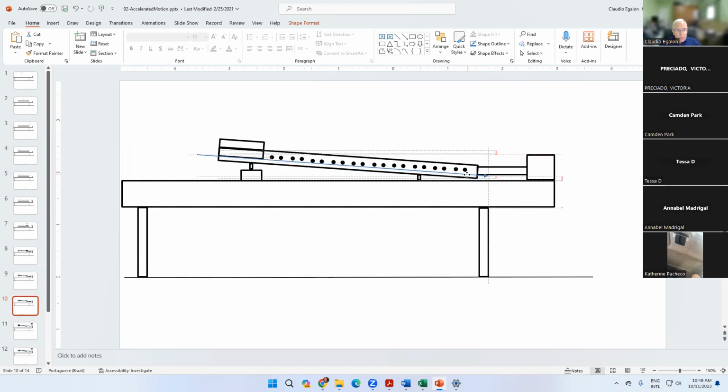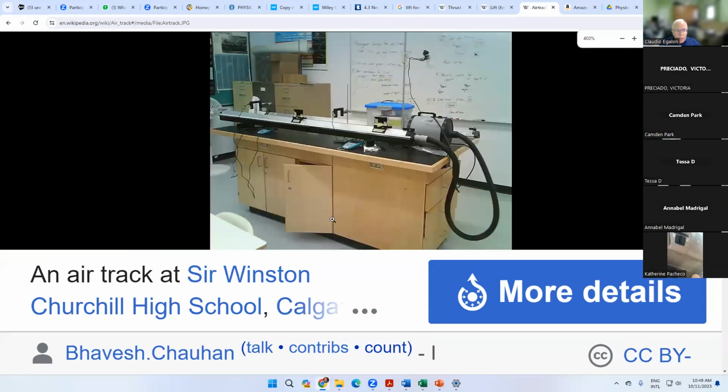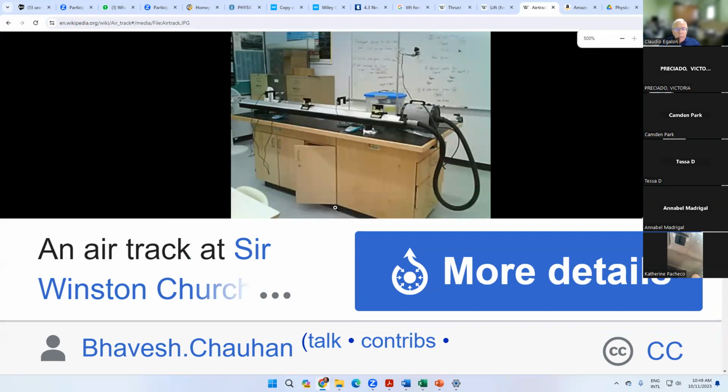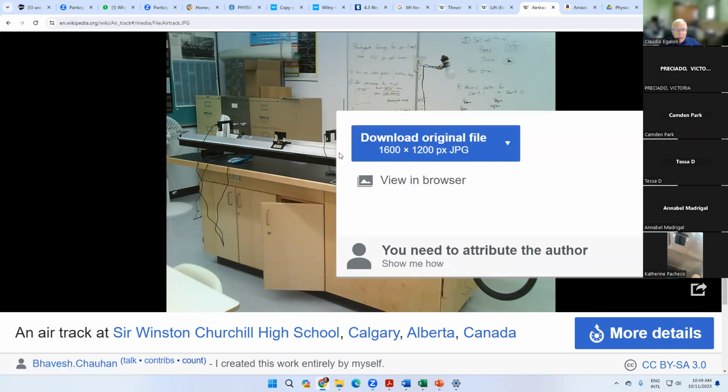And this coordinate axis is actually a ruler that's imprinted in this track. Let's see if we can see the ruler here. A little bit. I'll have to download this drawing. See, we can barely see it.